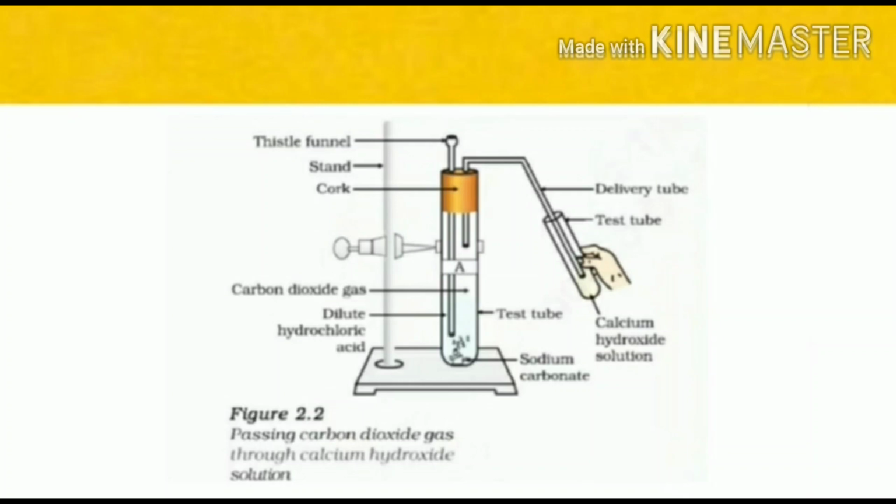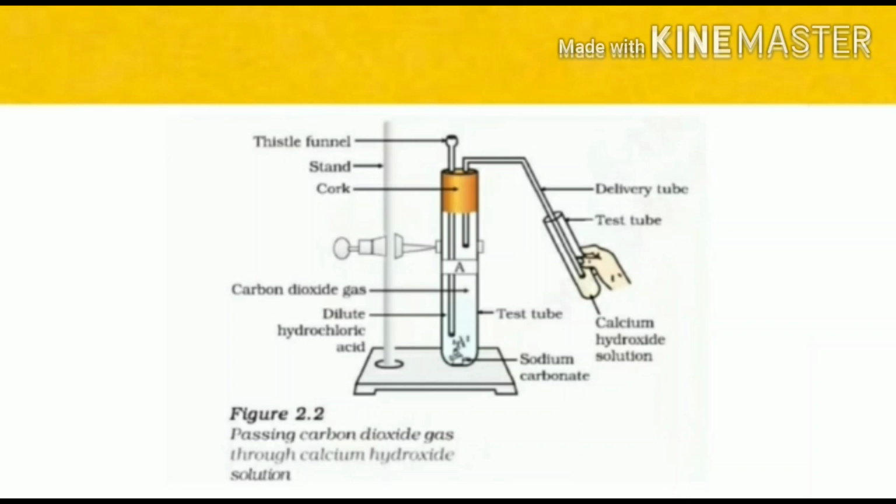In this test tube, we add dilute hydrochloric acid to some sodium carbonate and we see a gas is produced. Now this gas is allowed to pass through the delivery tube into a second test tube where we have kept calcium hydroxide solution, which we commonly call lime water. And we see as soon as this gas passes through that lime water solution, lime water turns milky.